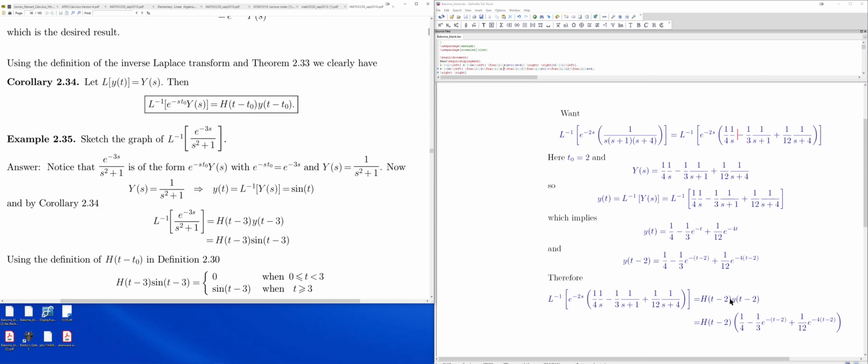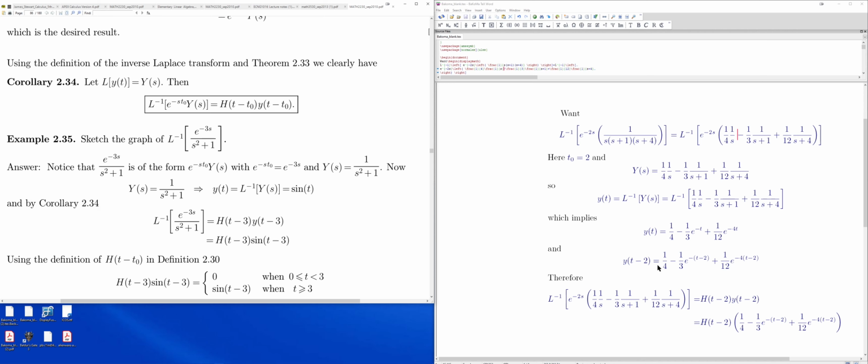Okay, and how you get the small y of t minus 2 is you get it from the small y of t. Wherever you see the t in this expression, you replace the t by t minus 2. So this is the y of t minus 2. Over here, this e to the minus t is now going to become e to the minus (t minus 2). The e to the minus 4t is now going to become e to the minus 4 times (t minus 2).